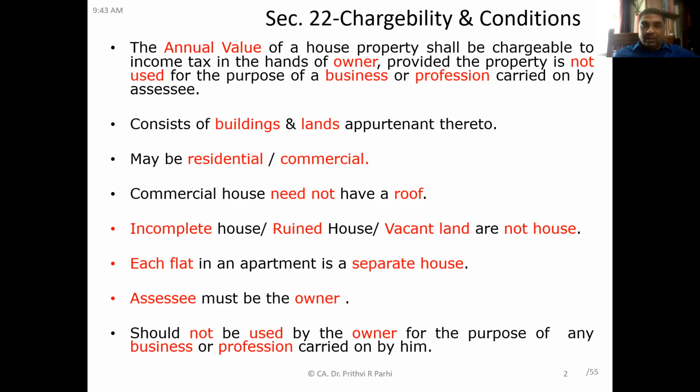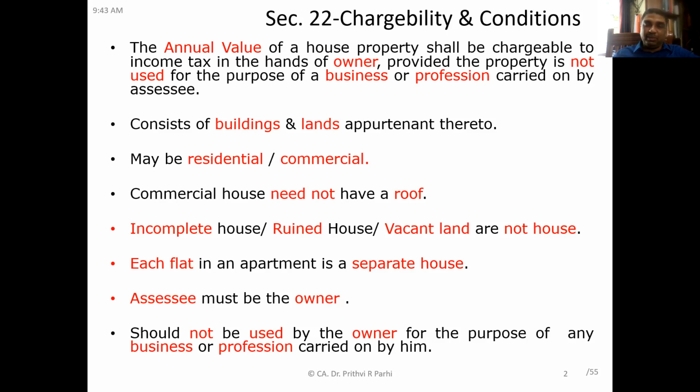Yes, sir. Now, if you try to analyze this particular section, we'll definitely have this idea that house property consists of building and lands appurtenant thereto. That means building as well as land. Both come under the concept of house property. And this building may be a residential building or a commercial building, that doesn't matter.